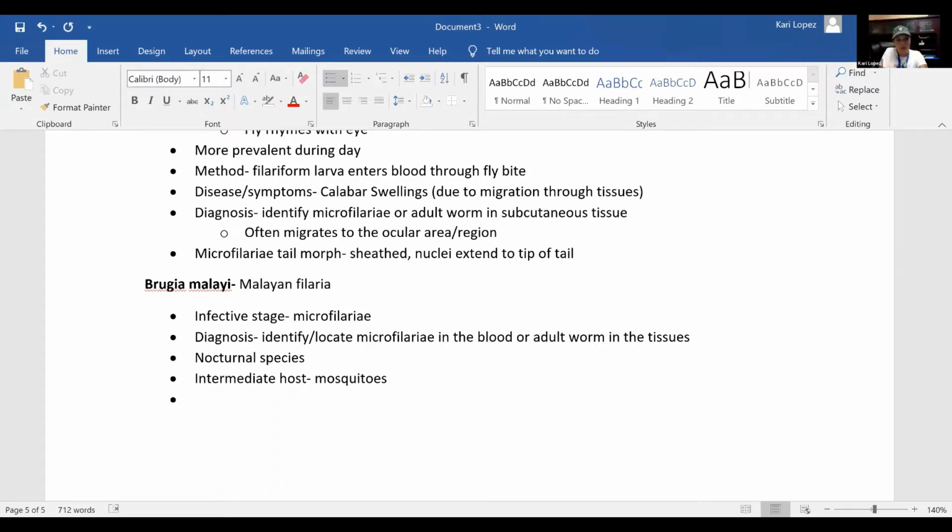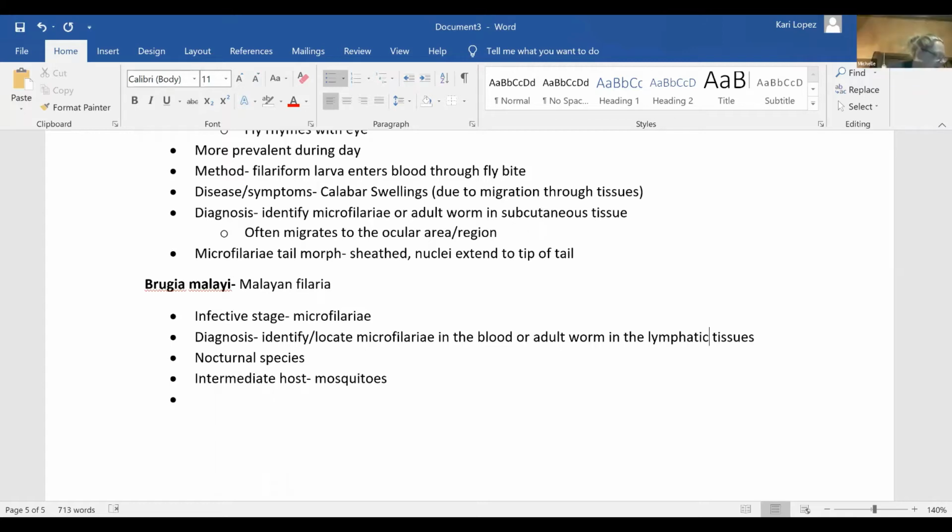It's also going to be in the lymphatic tissues because it's the same as Bancrofti. So identify or locate microfilariae in the blood or the adult worm in lymphatic tissues.